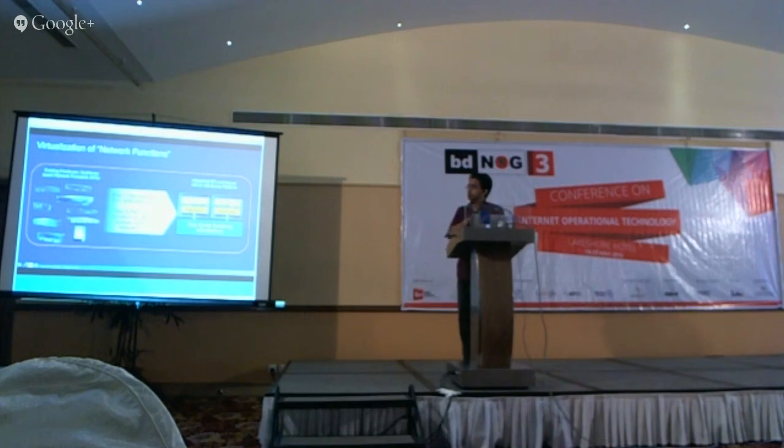I can chain that firewall with a bunch of other functions to deliver a particular set of services. And if I don't need it, I can turn it down and free up my server resources for running something else. So that's the prime or the main promise of network function virtualization towards solving a big problem in the SP industry, which is called agility.